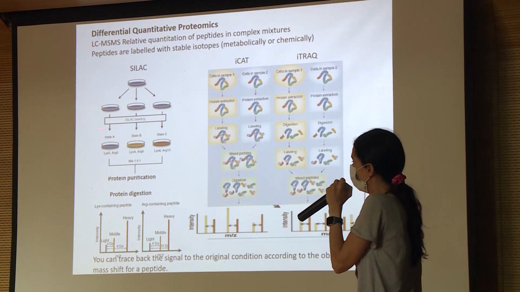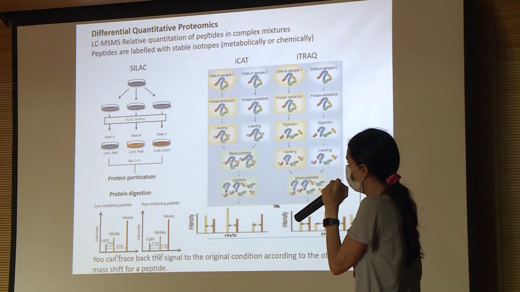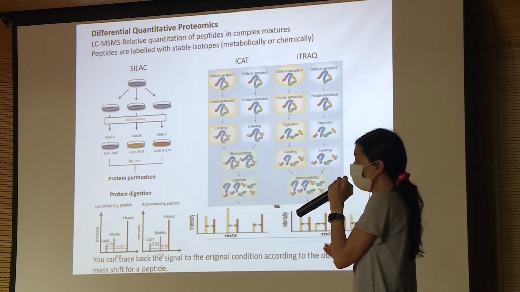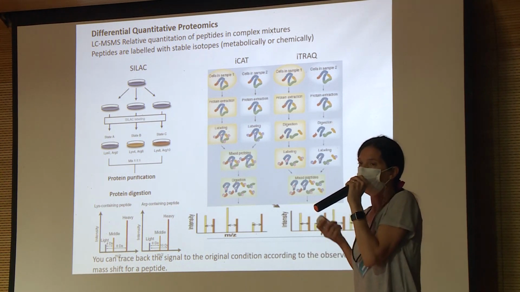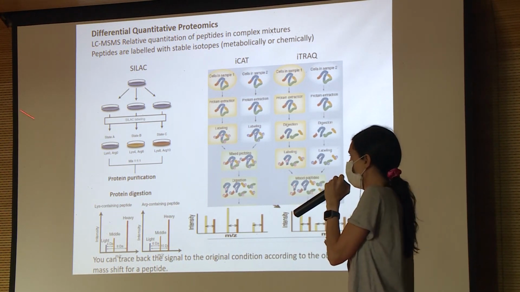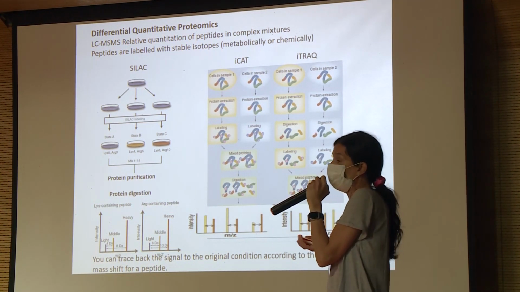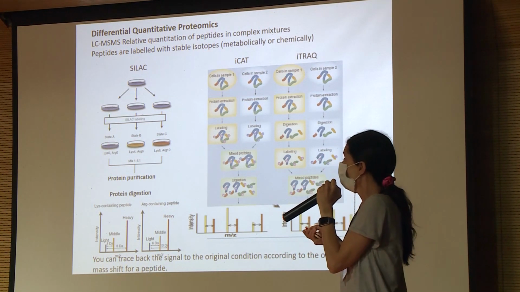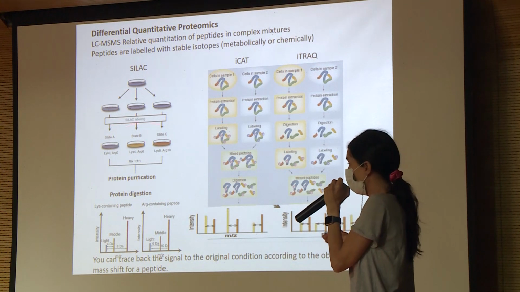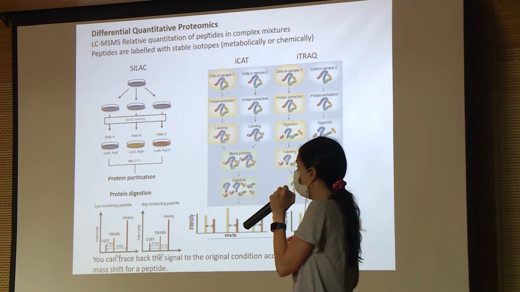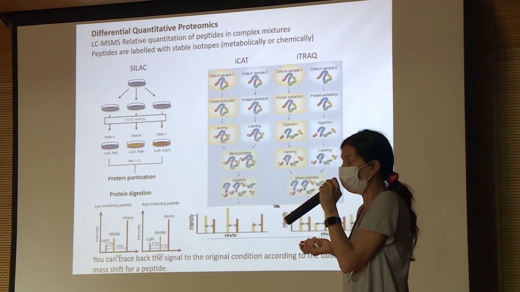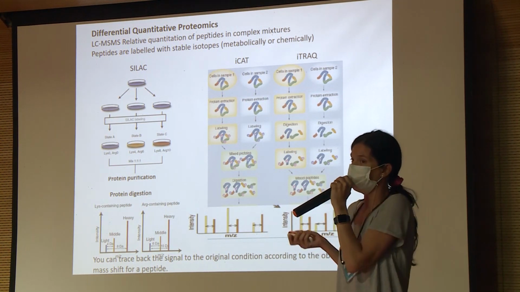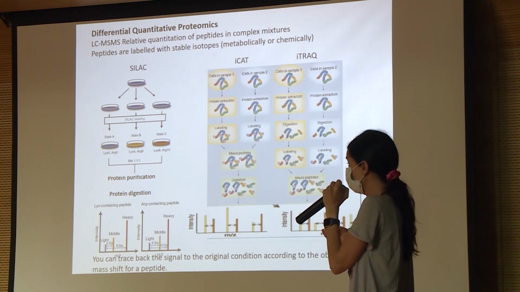So here we have lysine 0, arginine 0, lysine 4, arginine 6, and this one lysine 8, arginine 10. So in that way, all the proteins of these samples will be labeled with different amino acids. The good thing is that since you are doing the labeling at a cell culture level, you can mix it immediately, even before protein purification, so all your experimental variability is reduced.